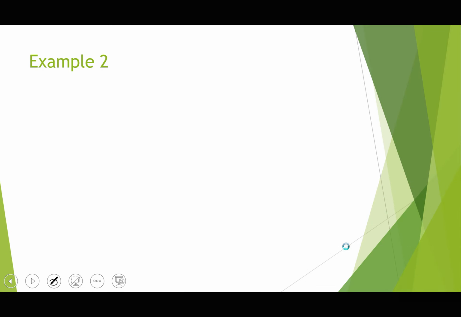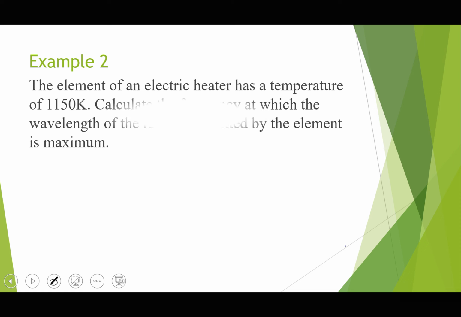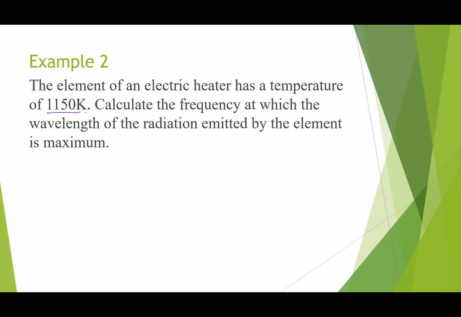Example 2. The element of an electric heater has a temperature of 1,150 Kelvin. Calculate the frequency at which the wavelength of the radiation emitted by the element is maximum. We want the frequency at which the wavelength of the radiation emitted by the element is maximum.